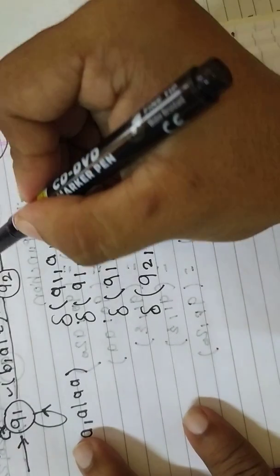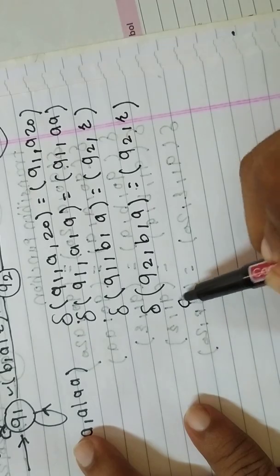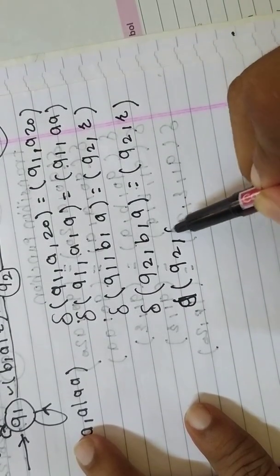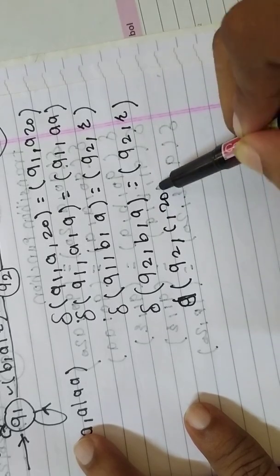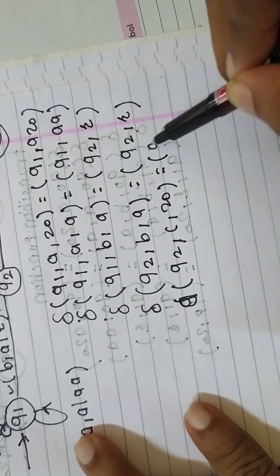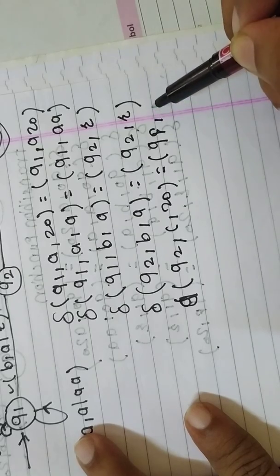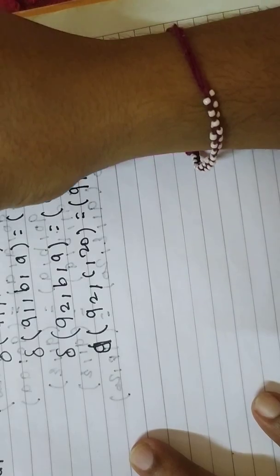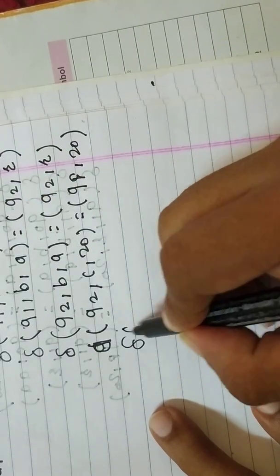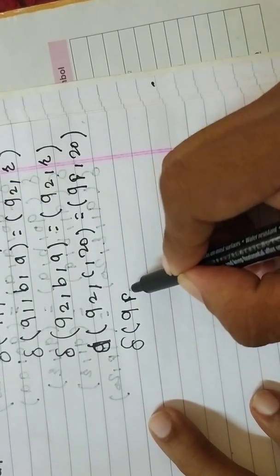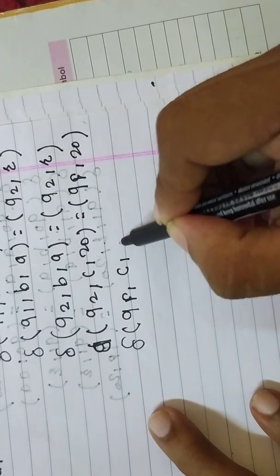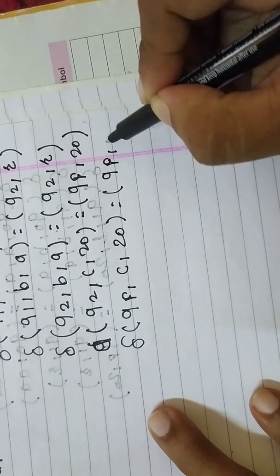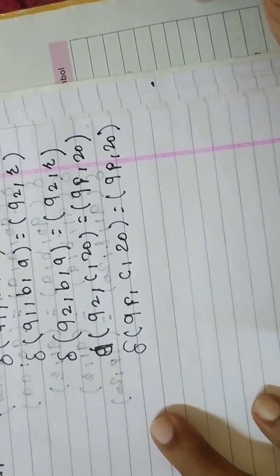Now for this move, whenever you are in q2, the next input symbol is c, the stack top is z0, then you will be in qf, the final state, and keep the stack top as z0 only. And finally for the last move, whenever you are in the final state qf and the next input symbol is c, the stack top is z0, you remain in the final state and keep the stack top as z0 only.